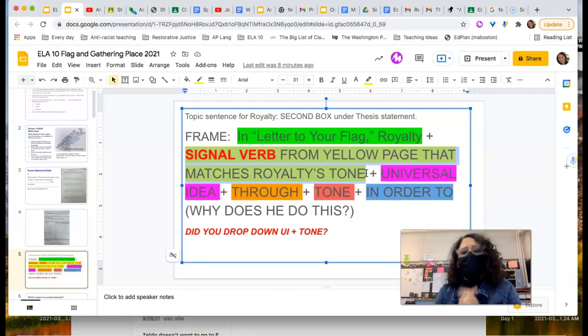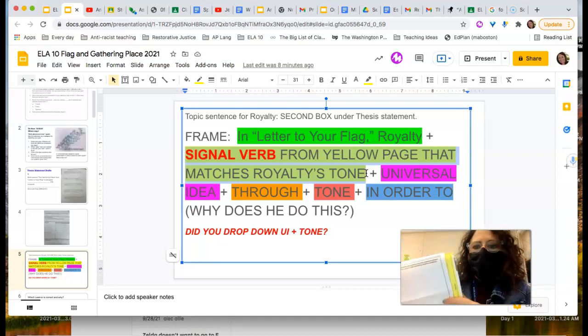Okay, so now we're going to get to universal idea in the purple. Every single topic sentence, just like a thesis, needs a universal idea. So as we're headed back into our essay map, you want to make sure that your second box right here contains a universal idea after the verb that you chose.